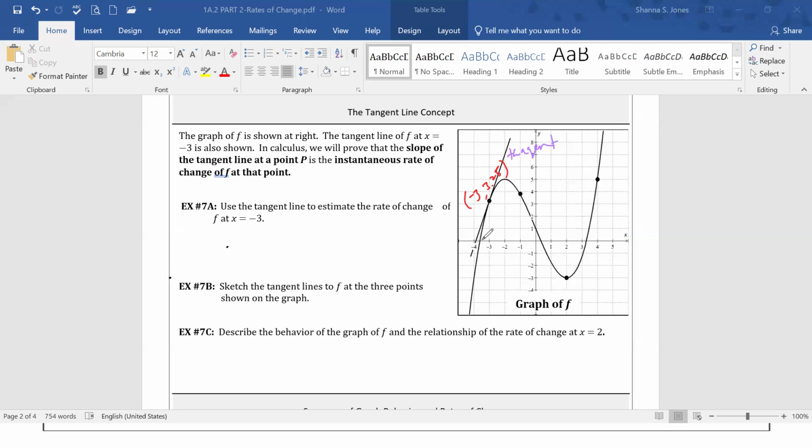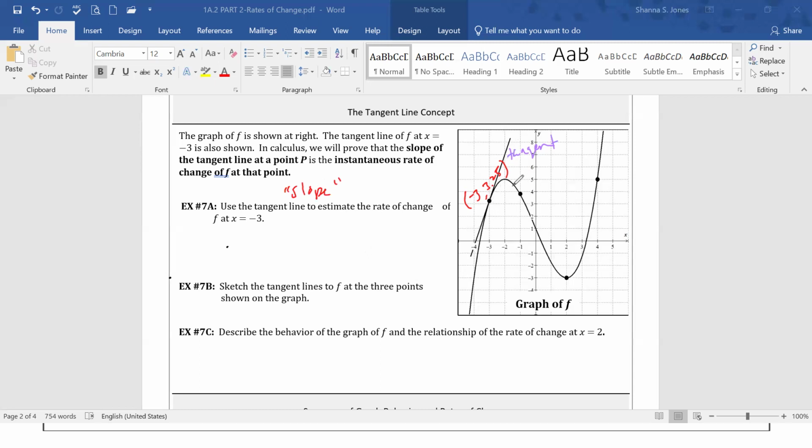Okay, and it's going to ask you, it says use the tangent line to estimate the rate of change at x equals -2. Essentially, all you're doing is finding the slope of this line. Okay, when it says tangent, all we're doing is finding the slope of that line. Got it? So I'm looking for the slope of this line.